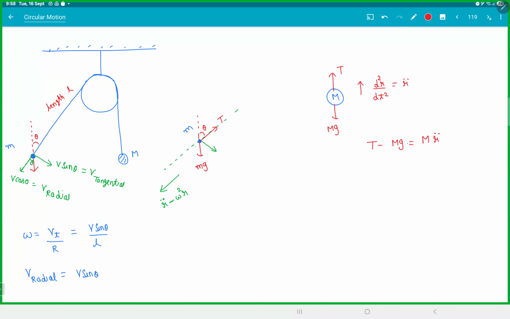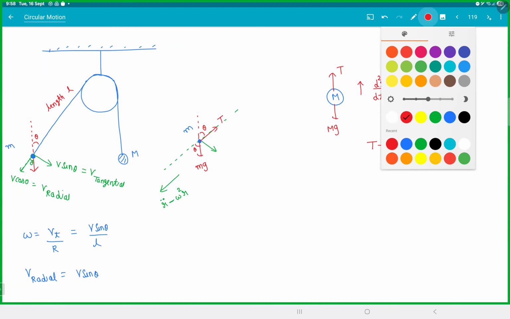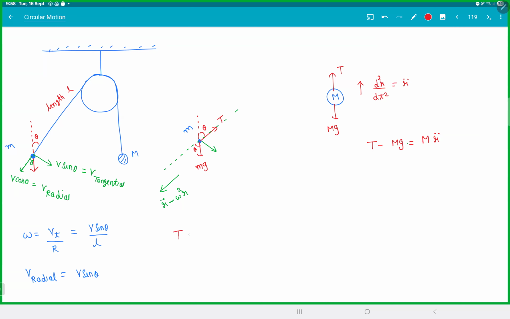That's theta. So for this, the equation will be mg cos theta minus tension is equal to mass into acceleration. So acceleration will be R double dot minus omega square R. So take tension from here and substitute this.